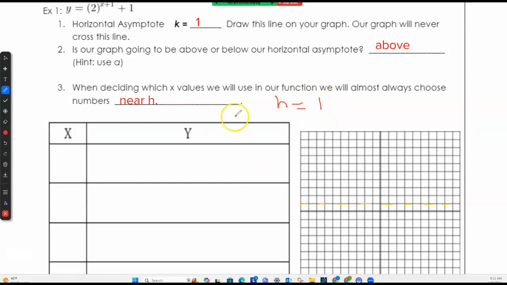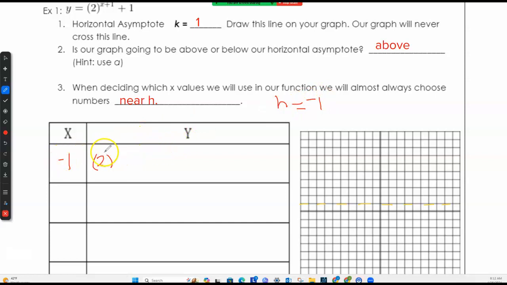All right, so we're going to start with 1, and we're going to fill in some of this work, and see if we can have an idea what this graph does. So we're going to make x equal 1. Oh wait, h is negative 1. Sorry, it's supposed to be minus. It turned into a plus, so now h is negative 1.